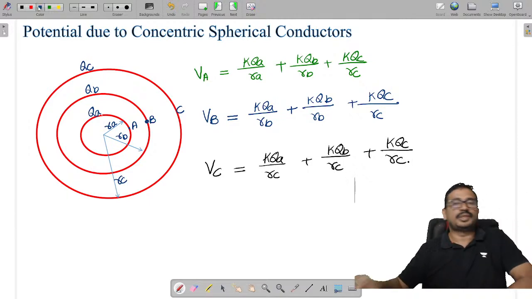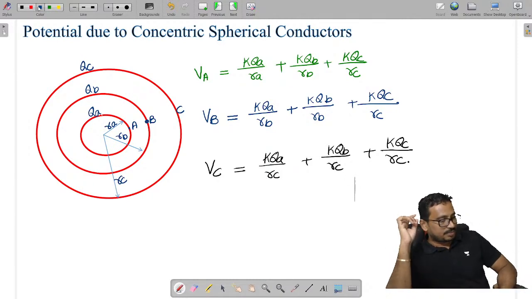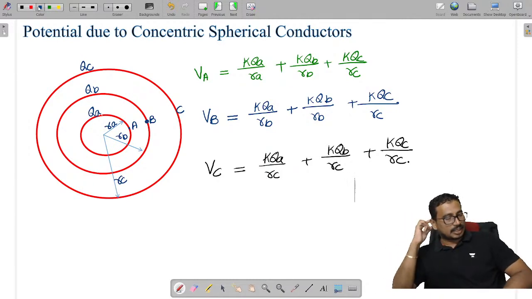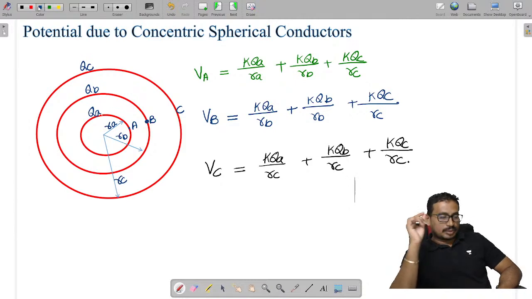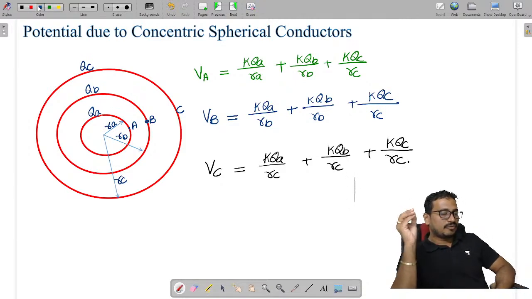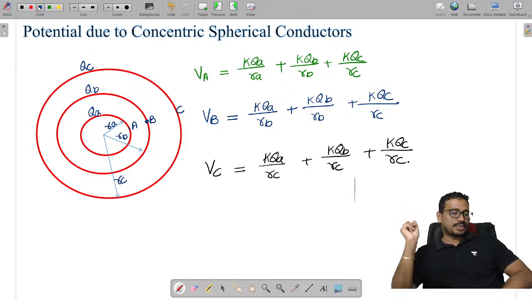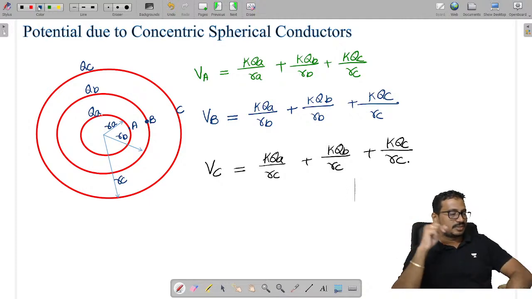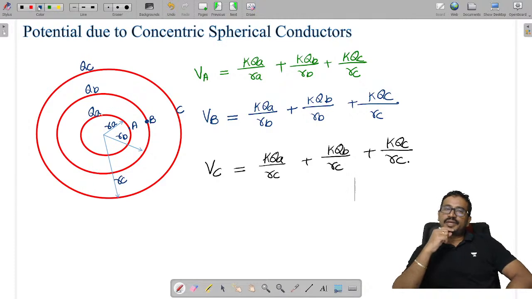So tell me, did you understand all of this, how I wrote it? So a conductor is an equipotential surface. The potential at any point is like this. Is it fine, all of you?